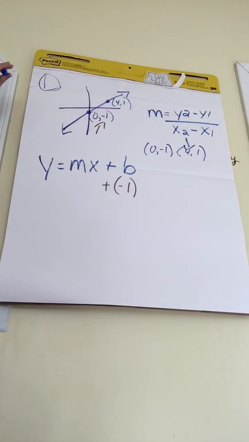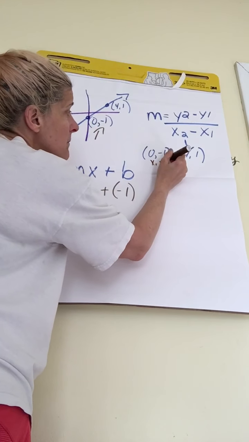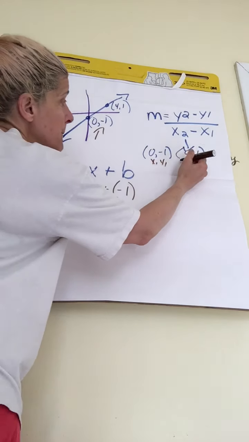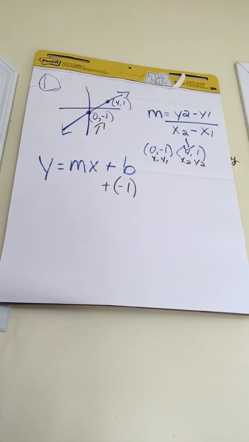I'm going to label one coordinate x1, y1. And then the other coordinate x2, y2. That just helps me remember to keep things in the correct order.